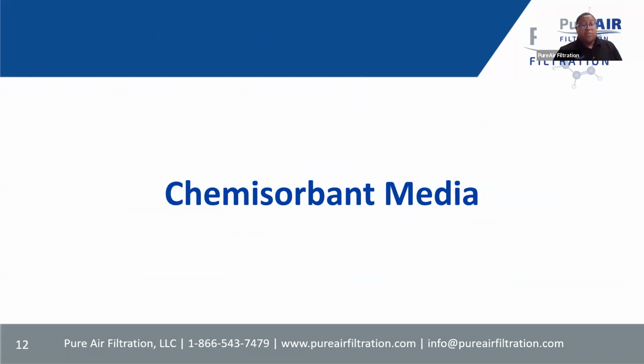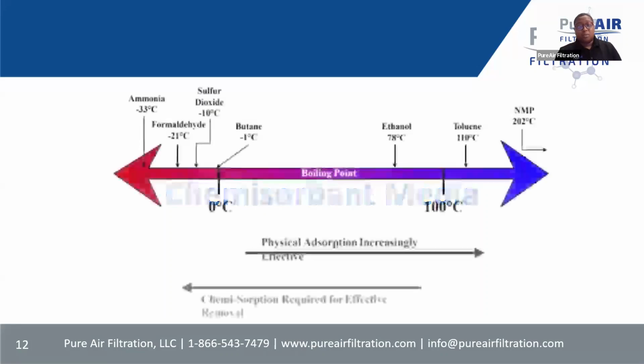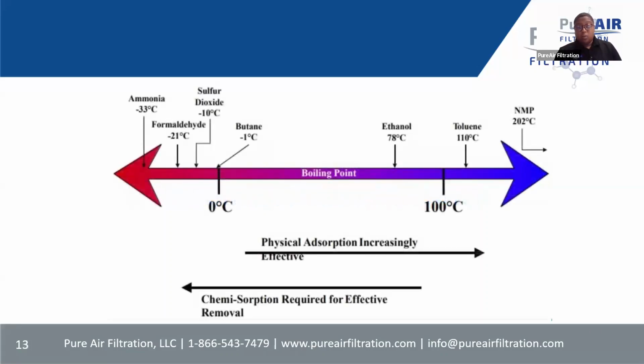So we're going to take a deep dive into our chemiabsorbent medias, what some of the processes are that they go through, and see some of the applications. Again, chemiabsorption is a chemical process, and so it works better with gases that have a lower boiling point.